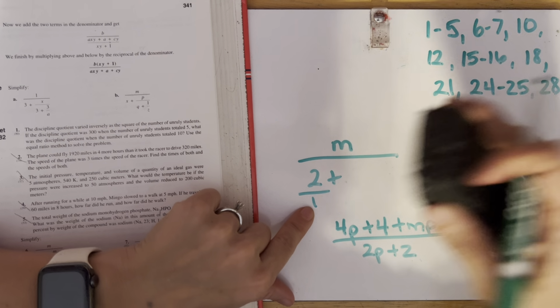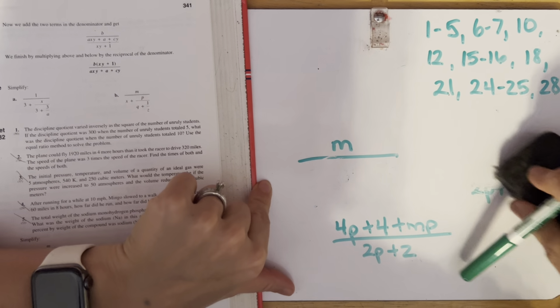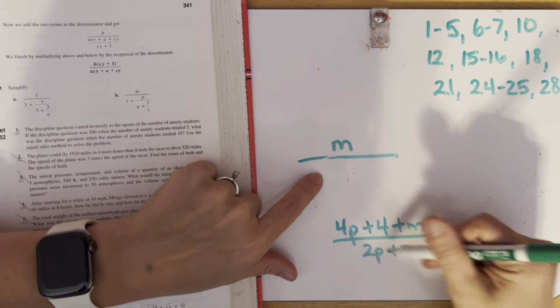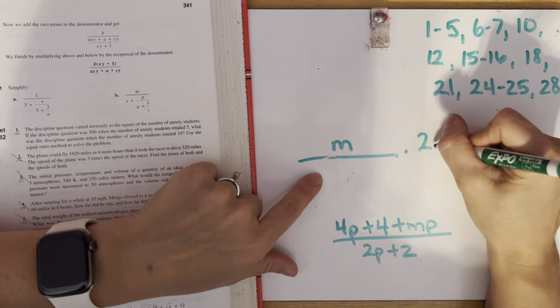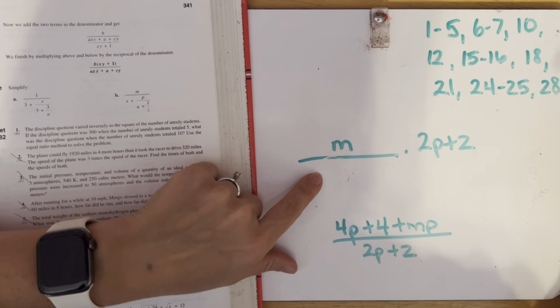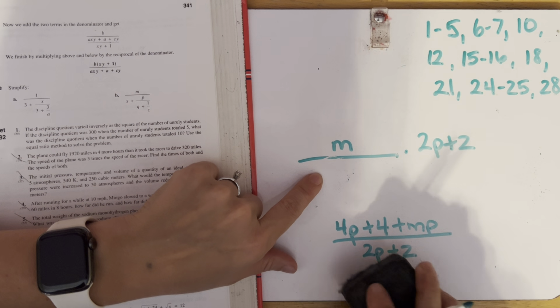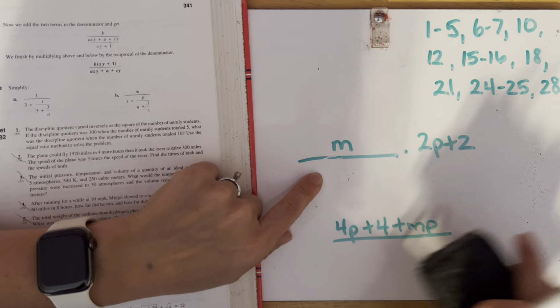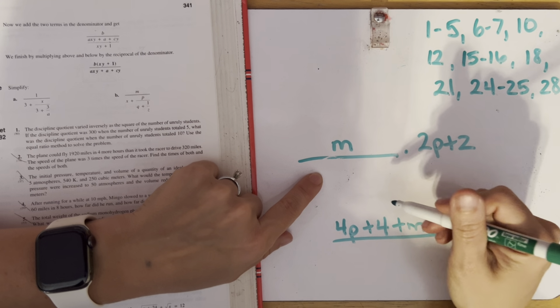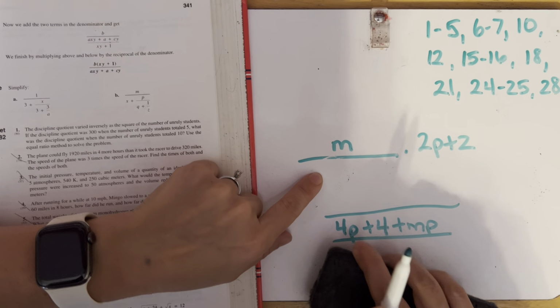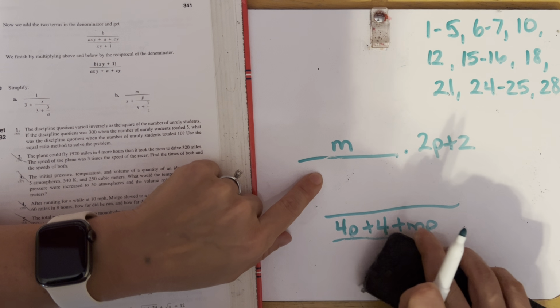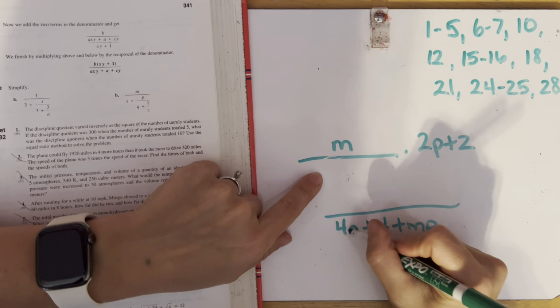Okay, now I need to multiply, still got my m up here, all that by the reciprocal. So I'm going to erase this down here because this is going to be my bottom. So I have, you'll have to decide for yourself how you want to organize these.